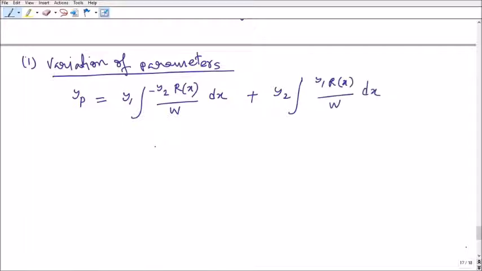So we will discuss the method in detail. So this is the formula of calculating the particular solution yp of the non-homogeneous differential equation.